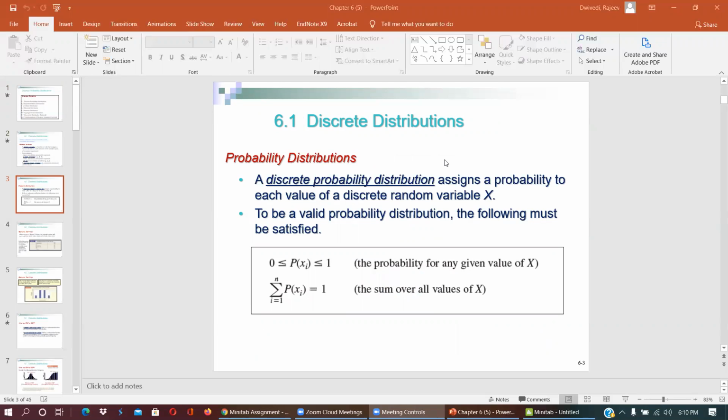Let me start with a very simple example about what a distribution is. Let's say in my undergraduate class, I have 4-year students: year 1 freshman, sophomore, junior, senior.